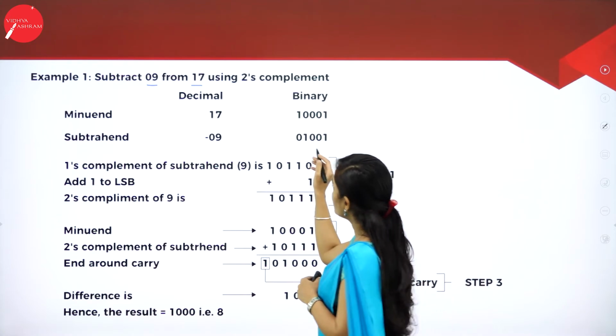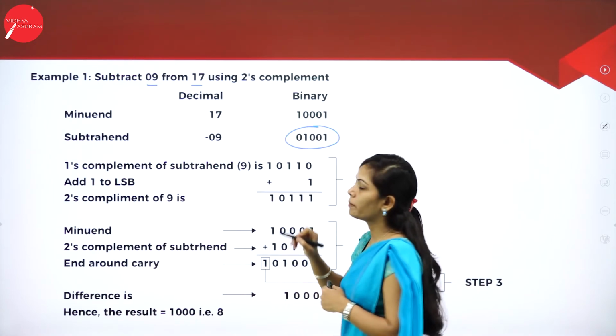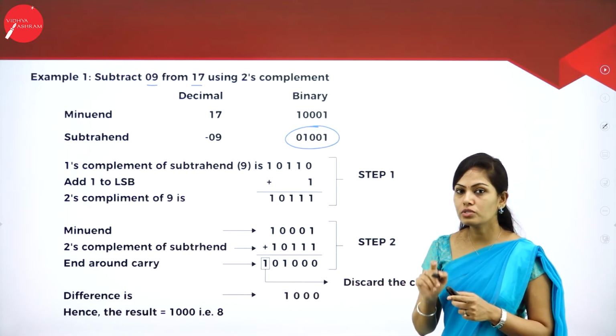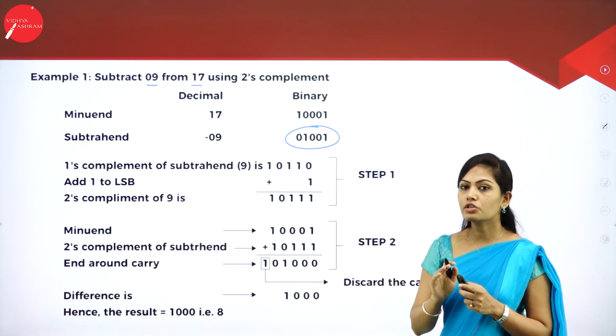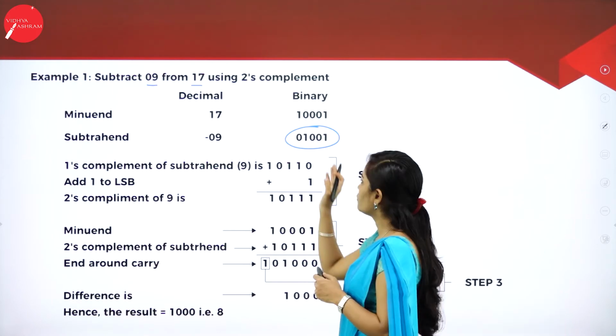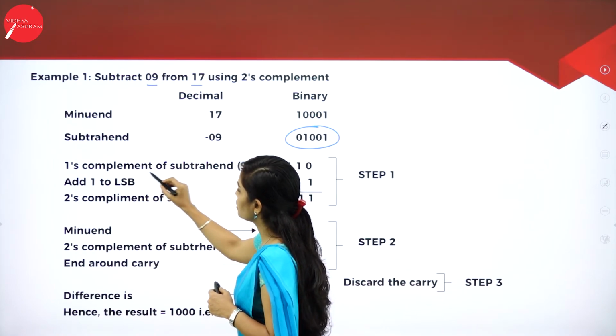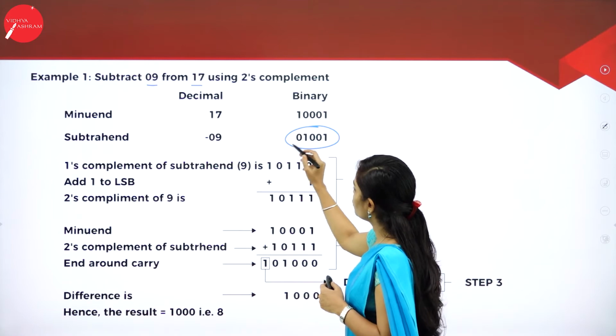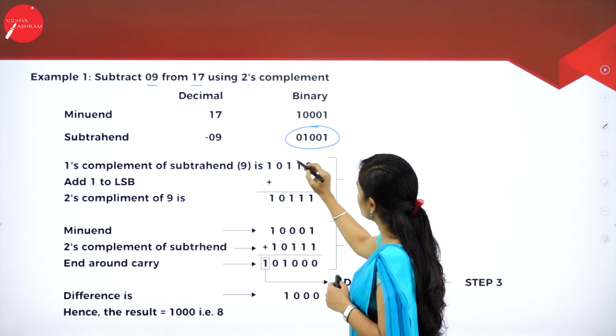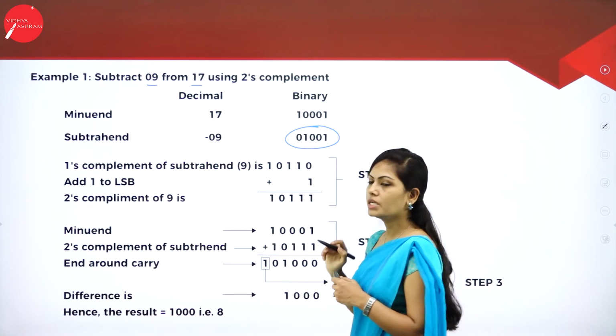So, here first you need to find the 2's complement of the subtrahend. So, 2's complement means what? 1's complement plus 1. First find the 2's complement of the subtrahend. So, first you should find the 1's complement, that is 0 changes to 1, 1 to 0, 0 to 1, 0 to 1, 1 to 0.